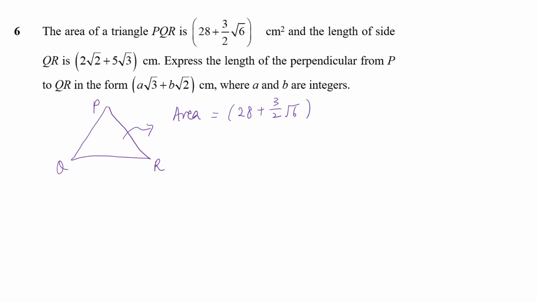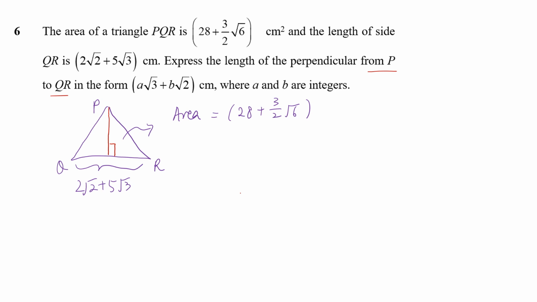The length of QR is given to be 2 square root 2 plus 5 square root 3. Express the length of the perpendicular from P to QR. So we draw a vertical line from P to QR. It's a perpendicular line, so this is 90 degrees.